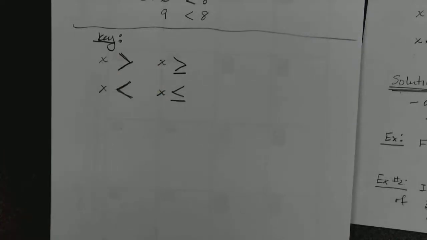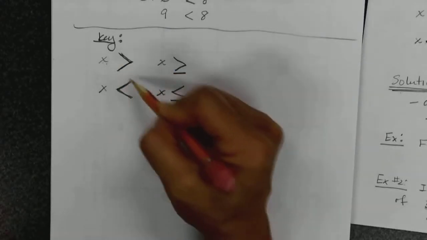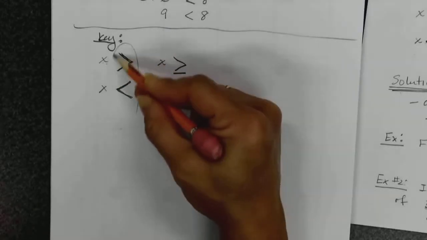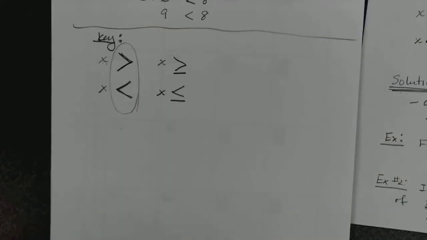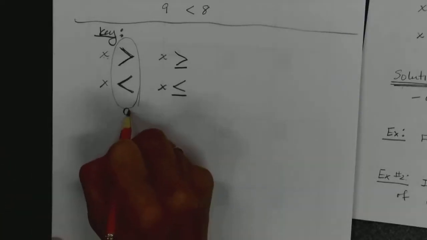And we did this in our support class. All right, so if x is on the left and it's greater than or less than, I'm going to draw a circle around those two. Because it's greater than or less than, not or equal to, this is going to be an open circle. On a number line, see right here when we did this?